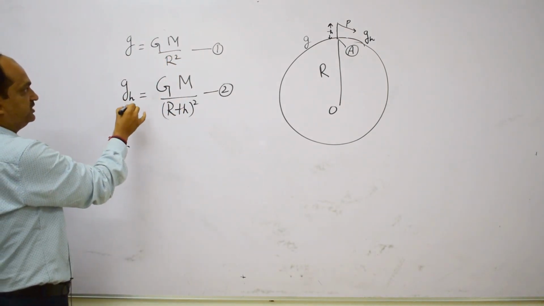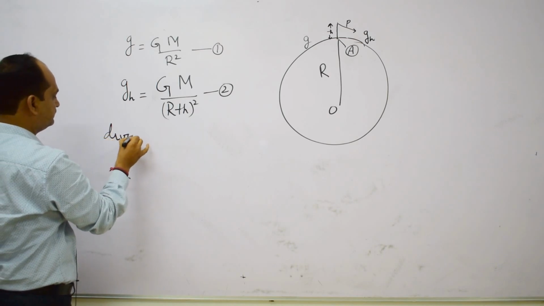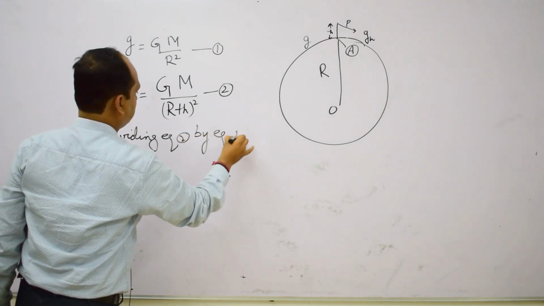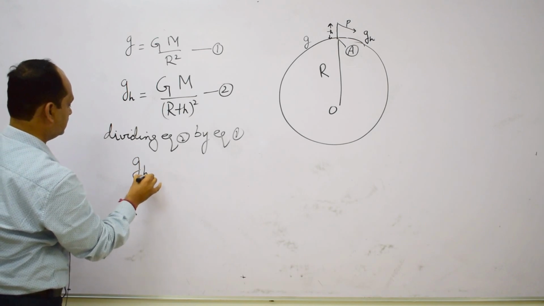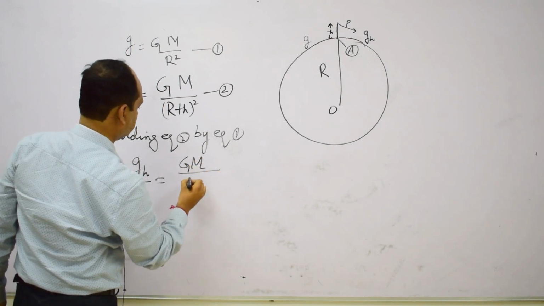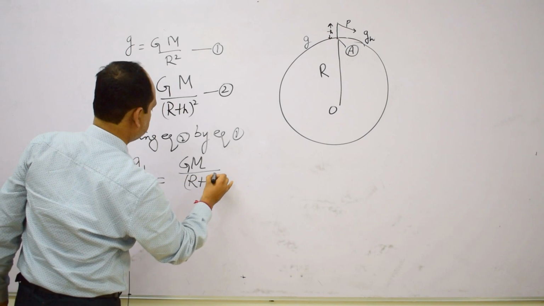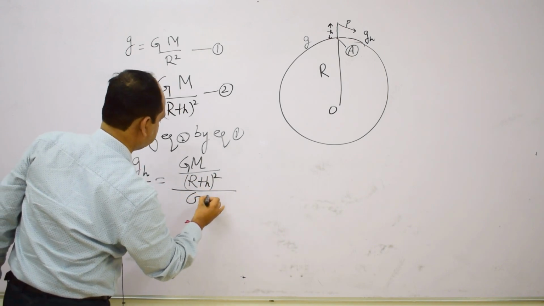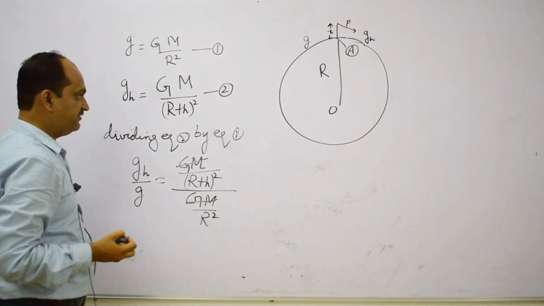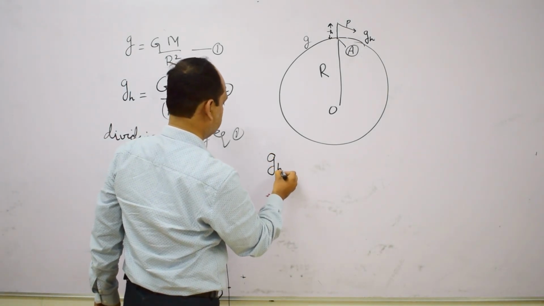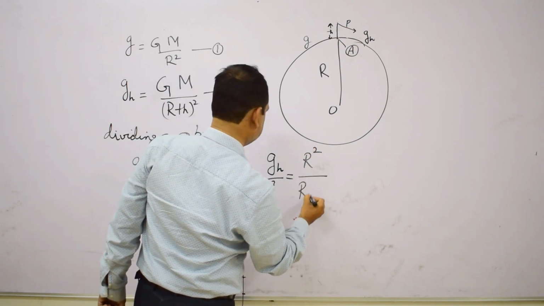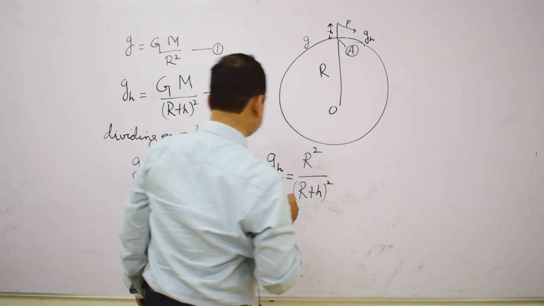Now when we divide equation 2 by equation 1, we get gh/g = [GM/(R + h)²] / [GM/R²]. Here GM gets cancelled and we have gh/g = R²/(R + h)².